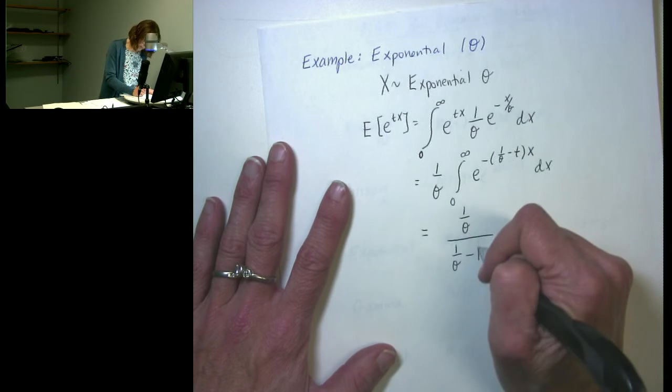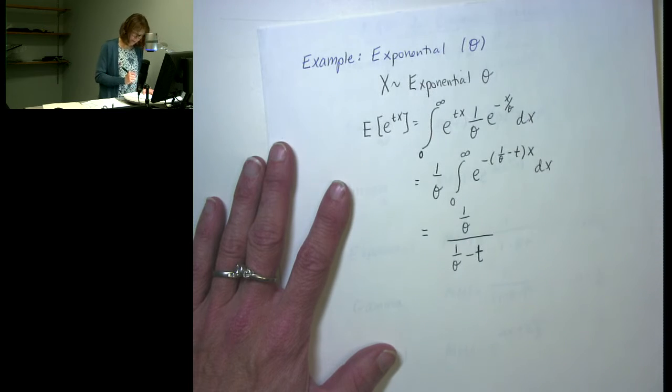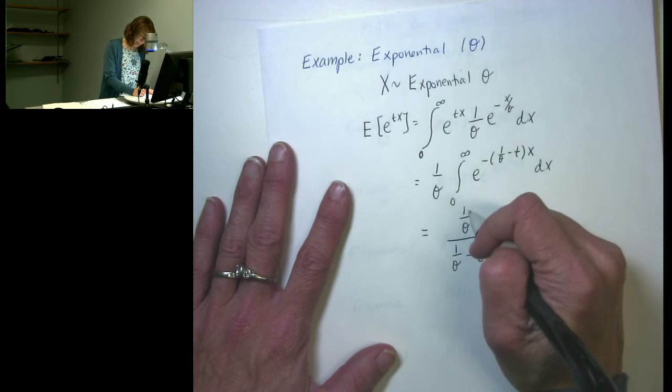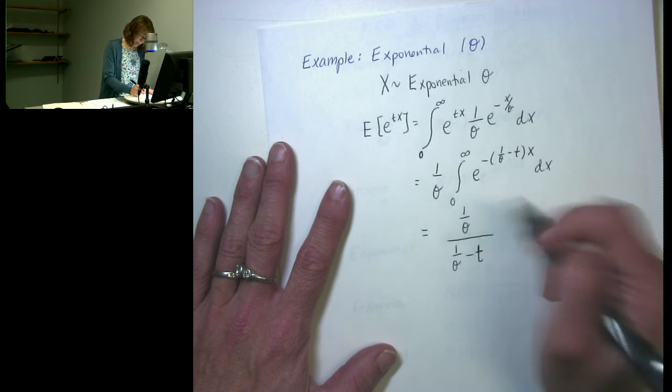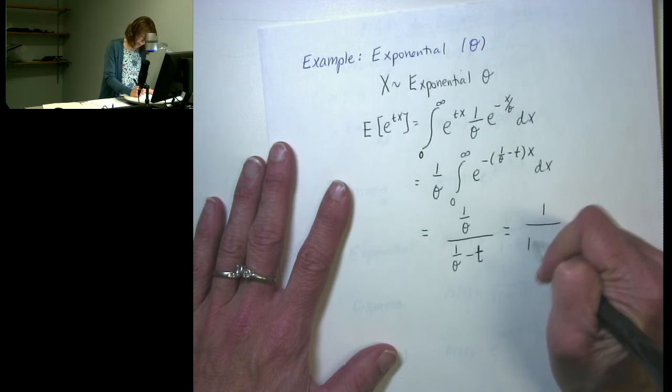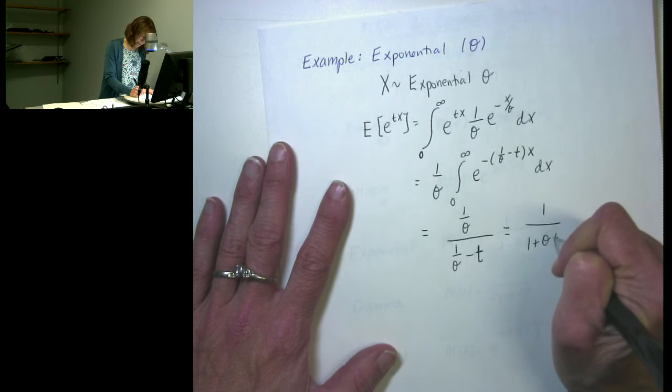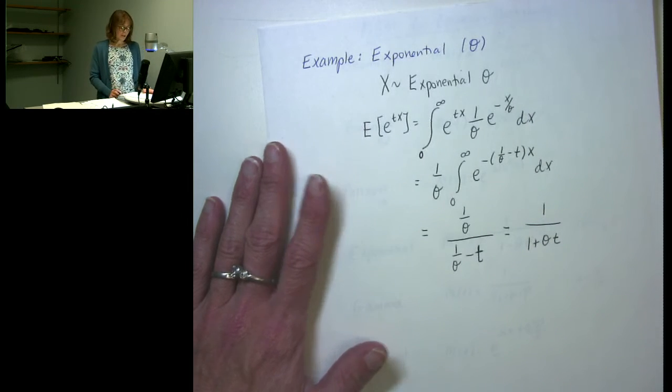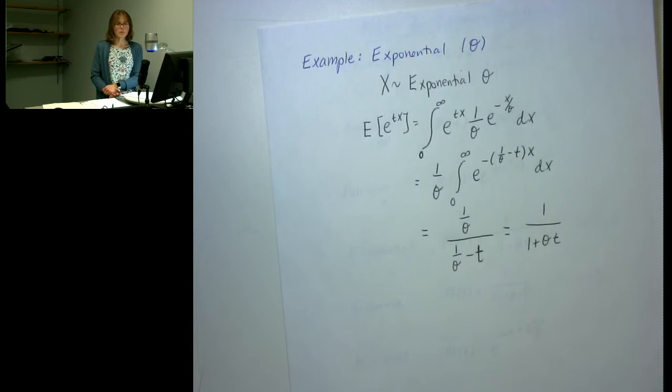There's 1 over theta minus t, not minus 1. Which if I go through and multiply top and bottom by theta, I can simplify to 1 over 1 minus theta times t. And that would be my moment generating function for an exponential distribution.